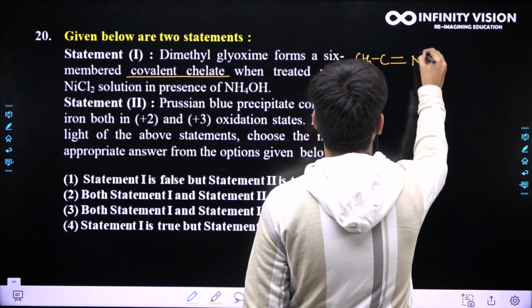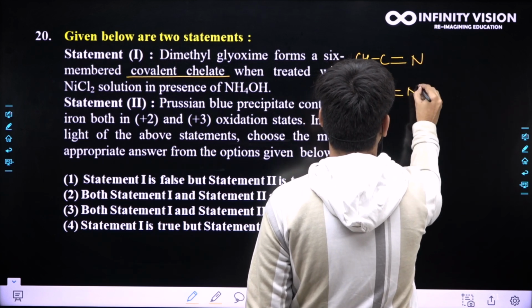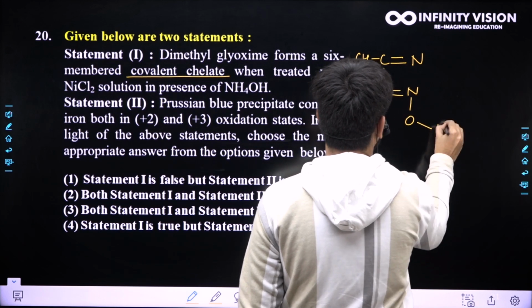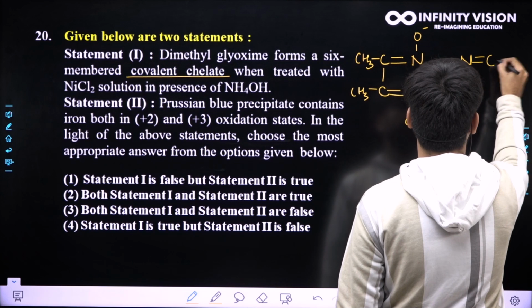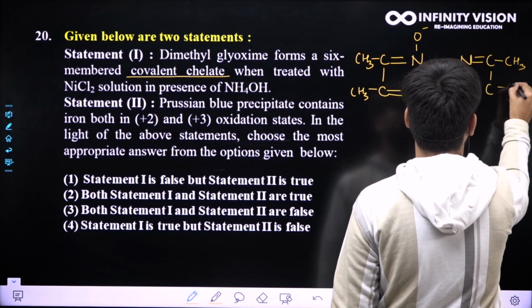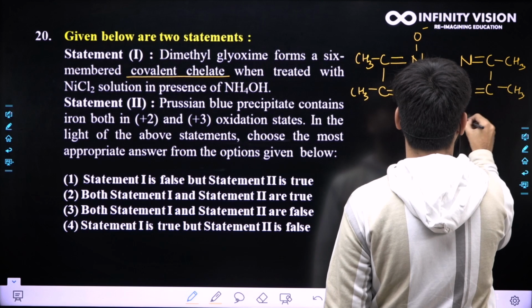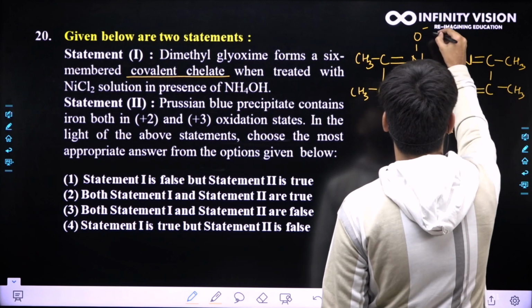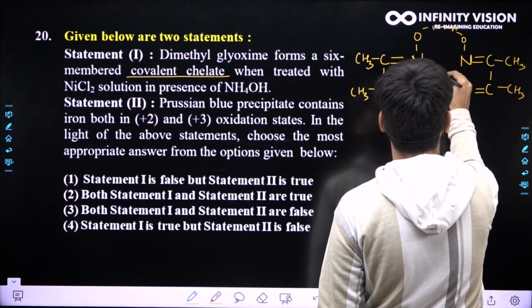We can write it like this, right? Let's say this is O minus, then we have this. This is the complex, let's say O minus. This is stabilized by hydrogen bonding, and then we have nickel 2 plus.